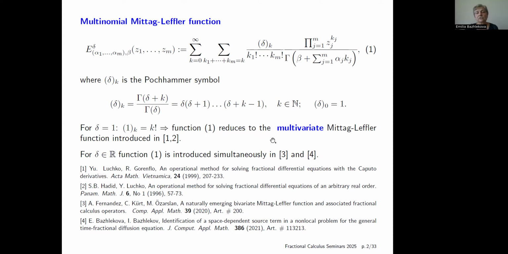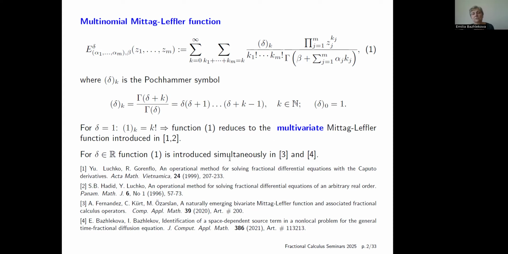In the original papers, this function with delta 1 is named multivariate Mittag-Leffler function. Later, for delta an arbitrary real number, it was introduced simultaneously in paper 3 by Arran Fernandez and co-authors, and in our paper 4.